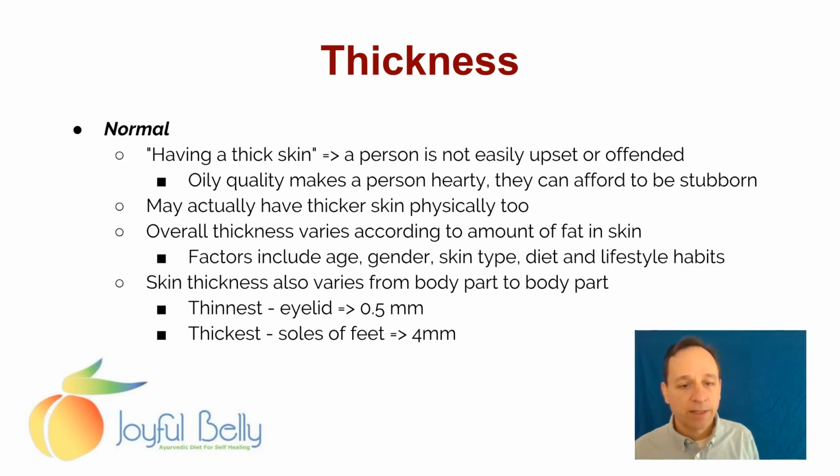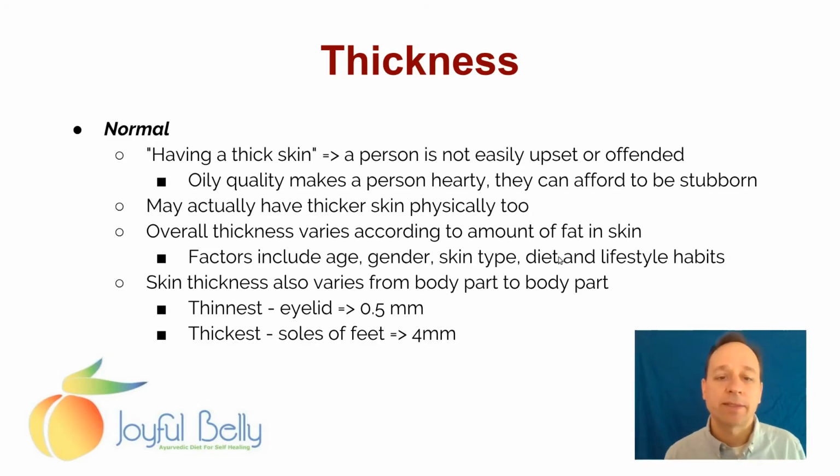The thinnest skin is on your eyelid, and that's 0.5 millimeter. And the thickest skin is on the soles of your feet, and that can be up to 4 millimeters in thickness. Obviously, you need more protection on the bottom of your feet.